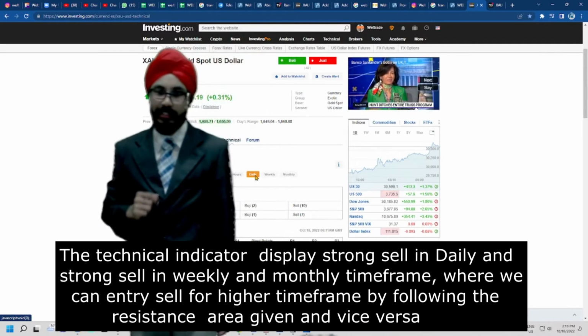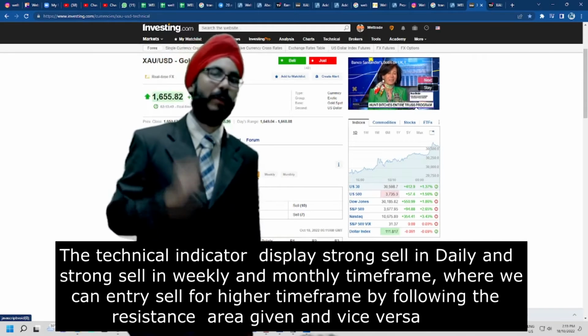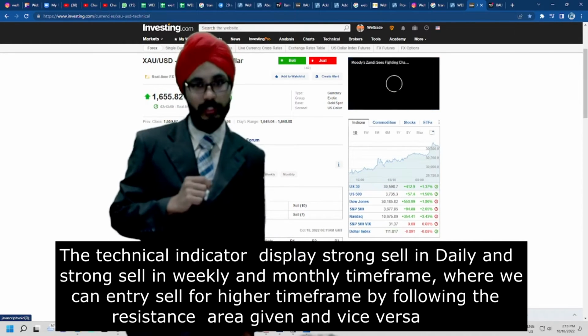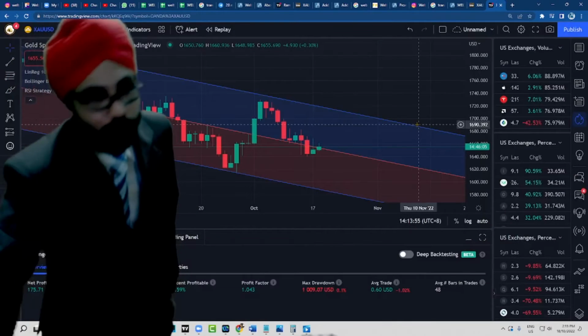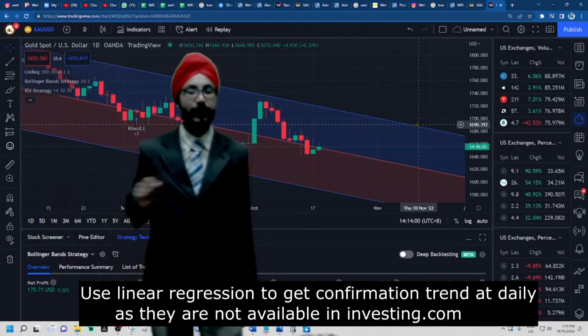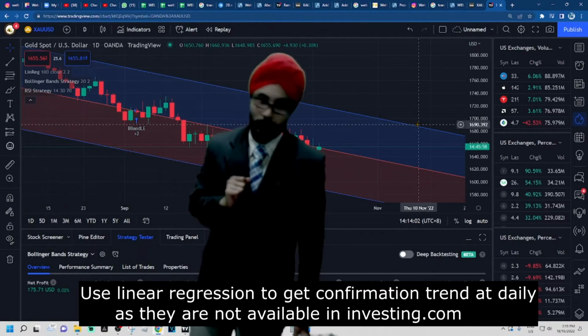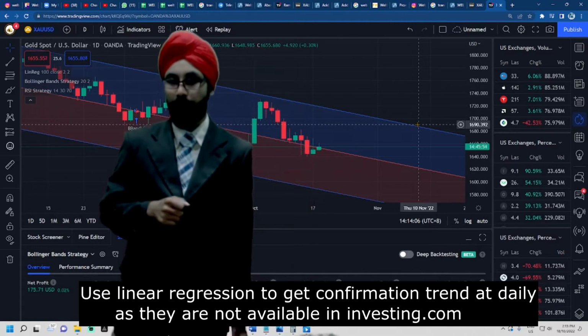However, if we would like further confirmation, we can always look at another indicator, which is the linear regression. As we are able to see here at the daily, the linear regression is showing a downtrend. So this also supports the downtrend.